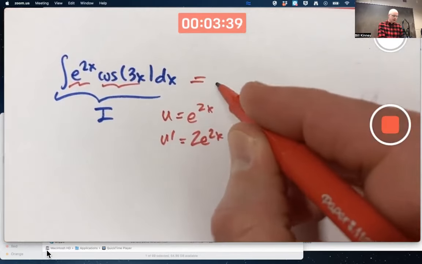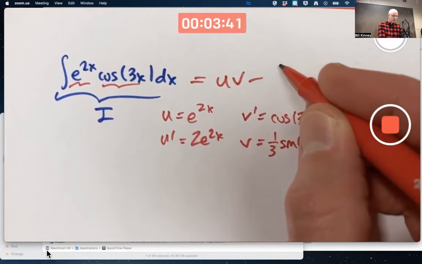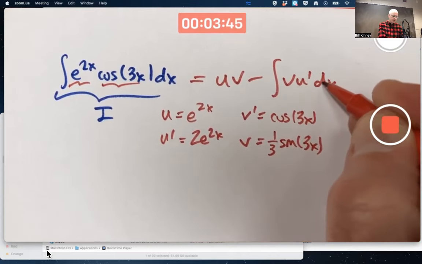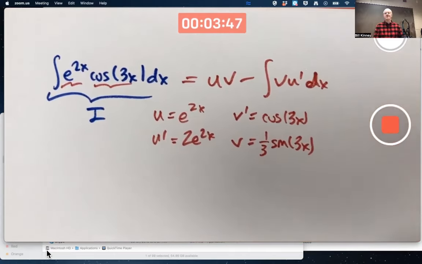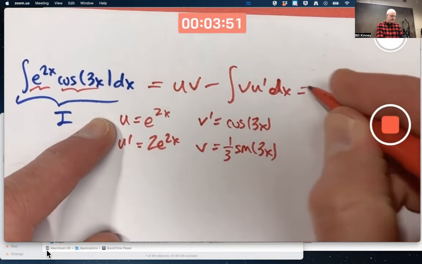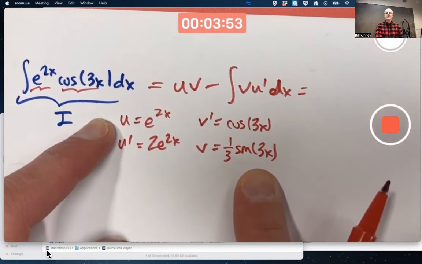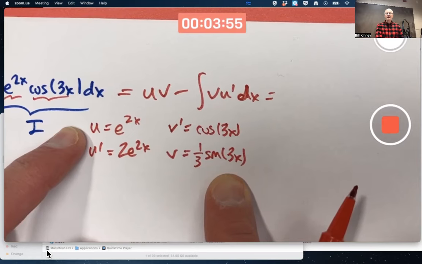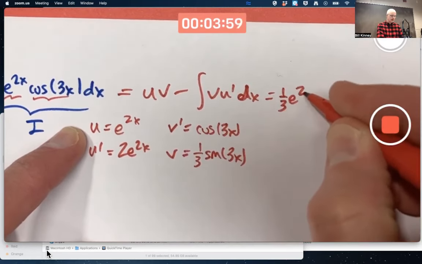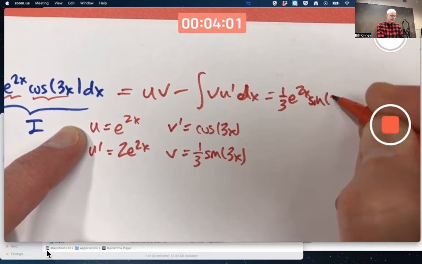Then use the integration by parts formula. As usual, u times v minus the integral of v times u prime. Everything does depend on x. The product of u and v, look where I'm pointing, is going to be 1/3 e to the 2x times sine of 3x.